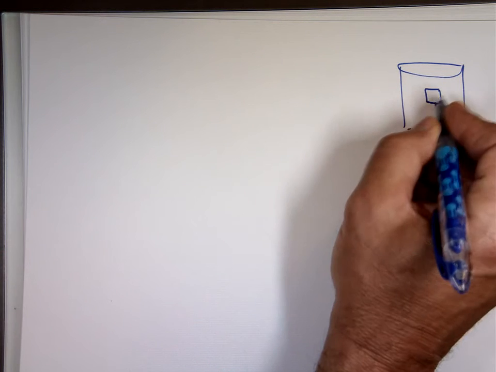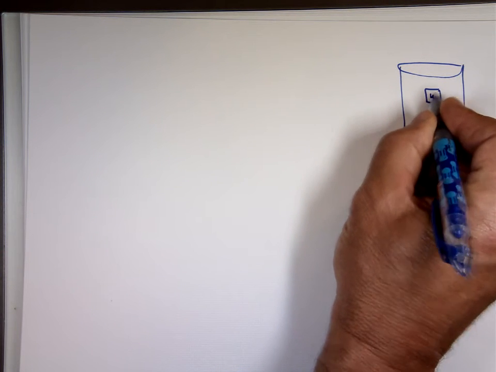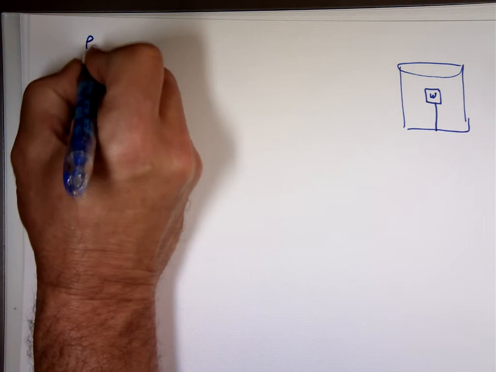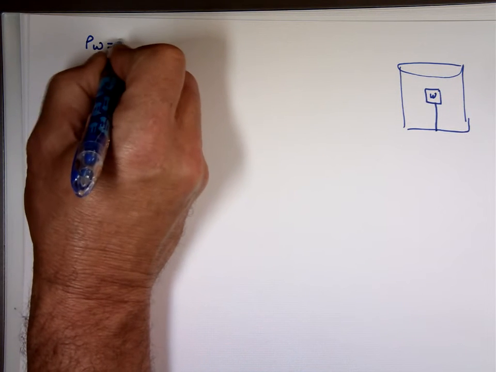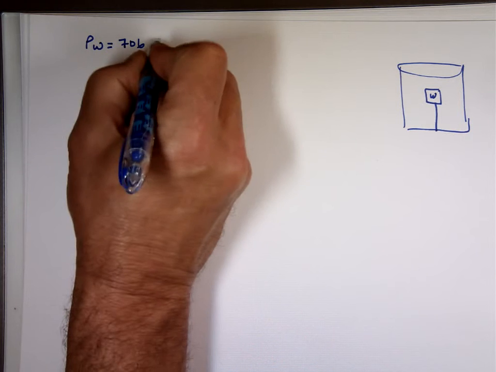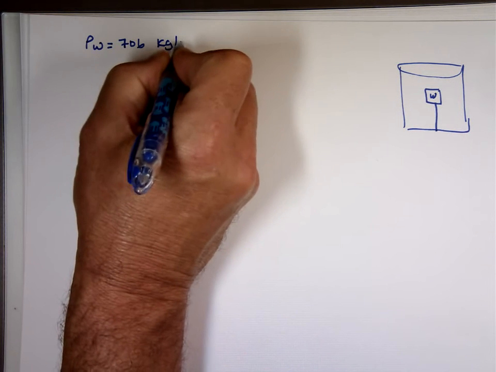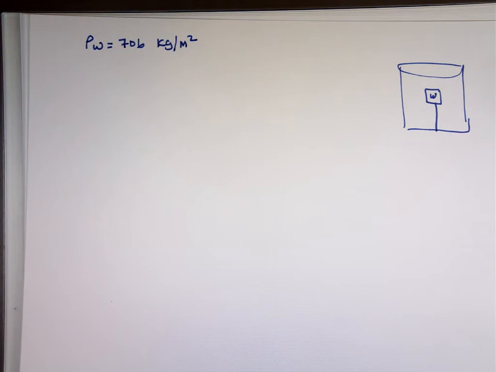So let's see, we have here a piece of wood. The buoy here is made out of wood. It has rho for wood to be 706 kilogram per meter cubed, tied with the string at the bottom of the water-filled tank here, or ocean, whatever you want it to be.